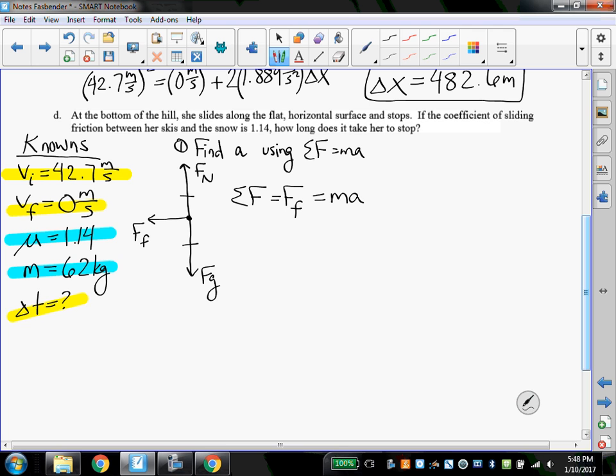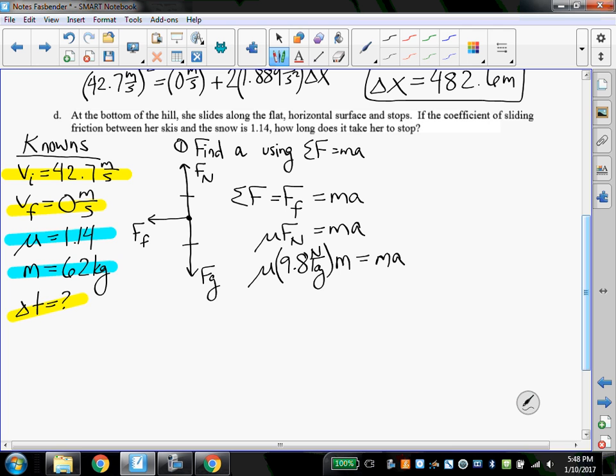We know that the force of friction is equal to mu times Fn, and we know in this case our Fn is the same thing as Fg, so we could put in 9.8 newtons per kilogram times mass instead of writing Fn.